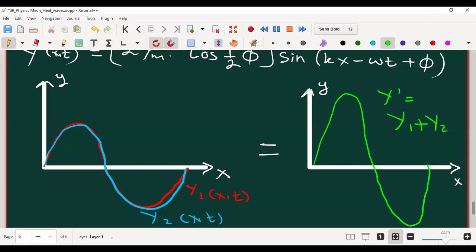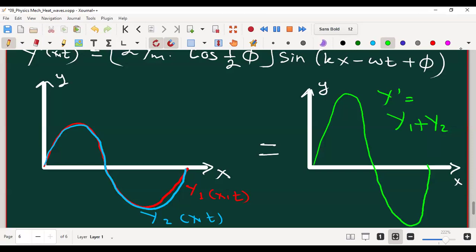Superposition means that if there are two waves which are in the same phase, phase one is equal to phase two, so the resultant of the wave will be positive. It means addition.